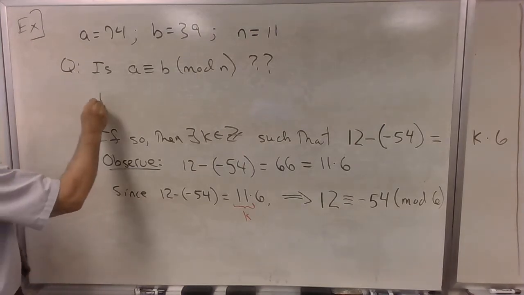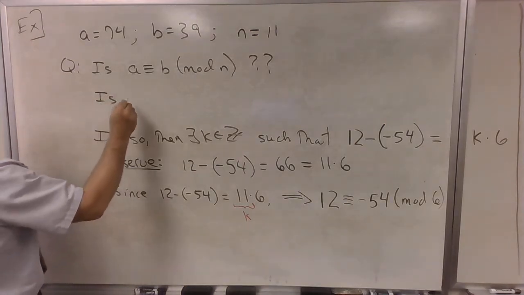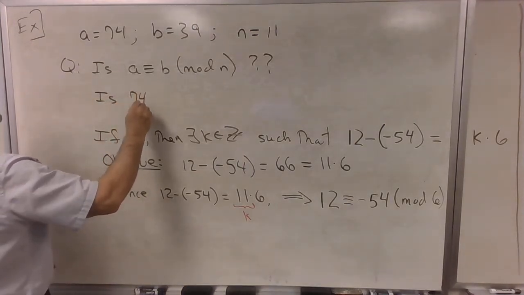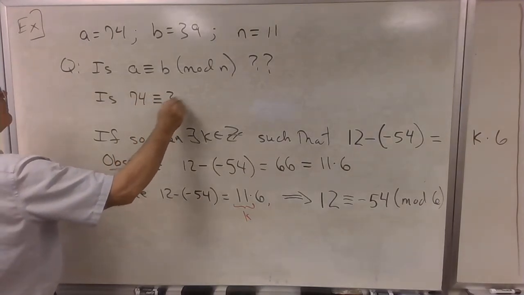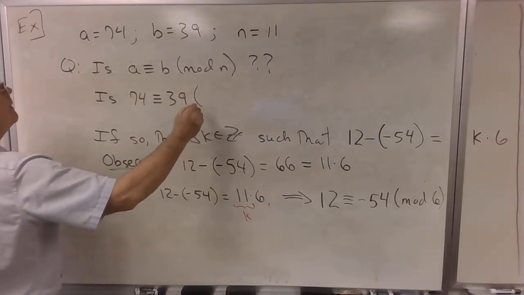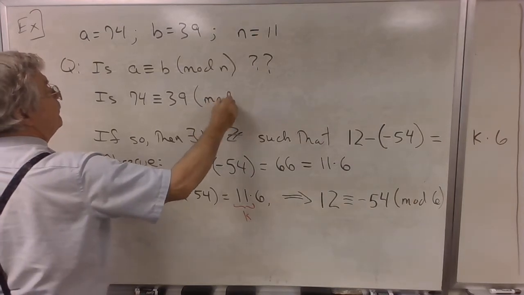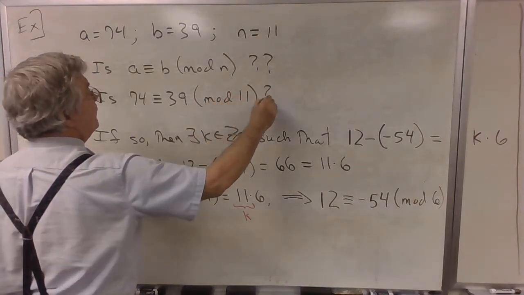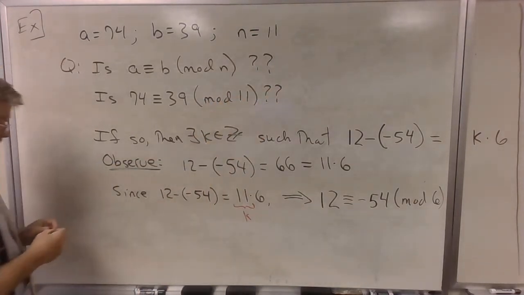So are these two things congruent mod 11? Is 74 congruent to 39 mod 11?